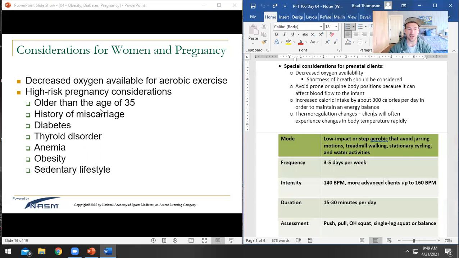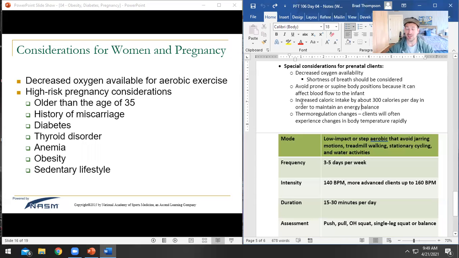You want to definitely avoid prone or supine body positions, as that can affect blood flow. So you do need to be a little cautious there. Make sure that you're not laying your client face down or laying them face up. Both of those are, number one, not comfortable, and you'll already get complaints right out the gate. But also, they're not considered that safe.